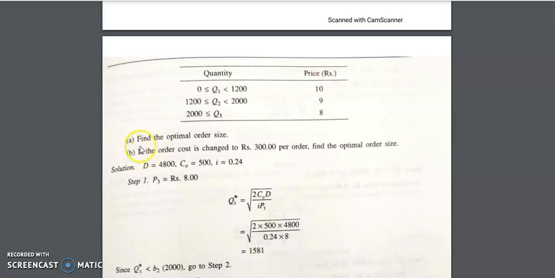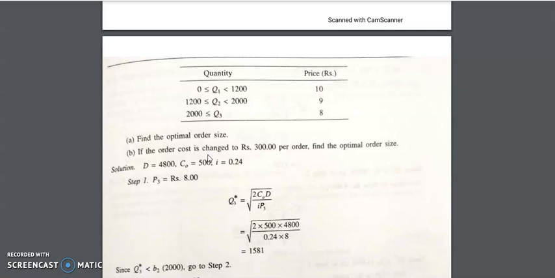Here they ask you to find the optimal order size with the order cost given as 500 rupees per order. Then they say that if your order cost changes to 300 per order, you again have to find the optimal order size.